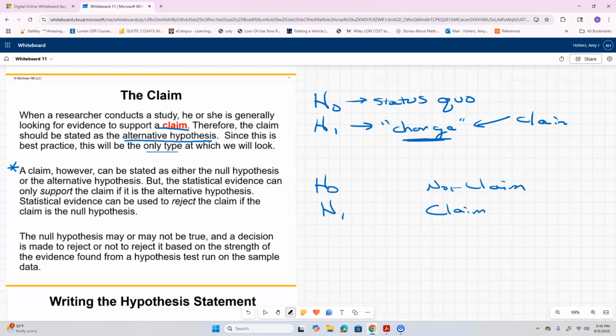So I leave those problems out and I only give you problems where the claim is on the alternative hypothesis. If you happen to run across one that I missed, please do let me know. Then, when we start, remember, there's a truth. The null hypothesis is either true or not true. And a decision is made to either reject or not reject based on the strength of the evidence that we find.